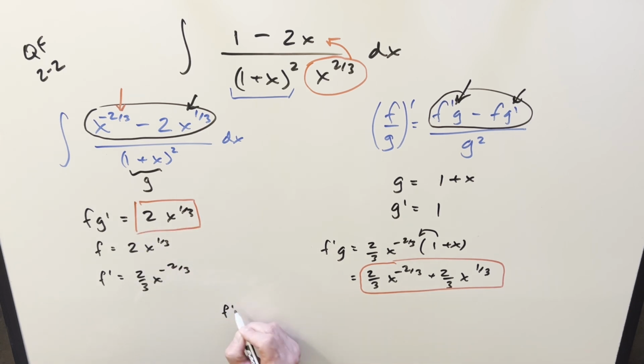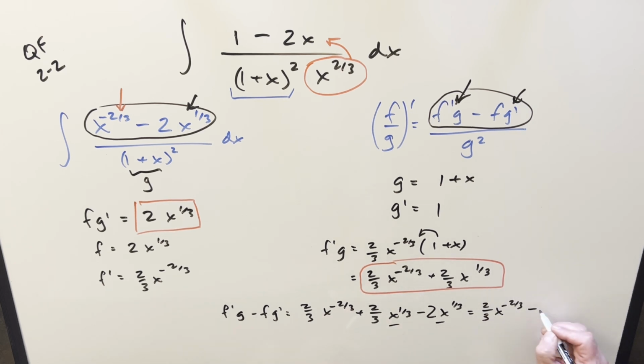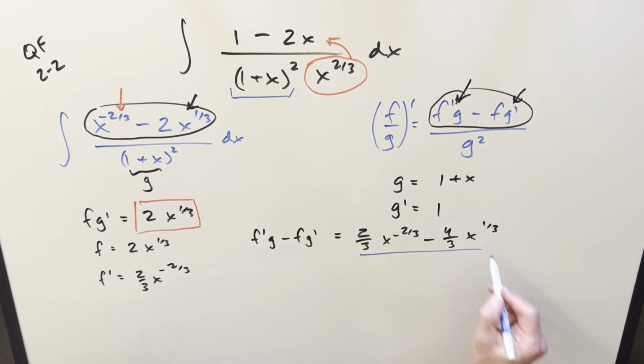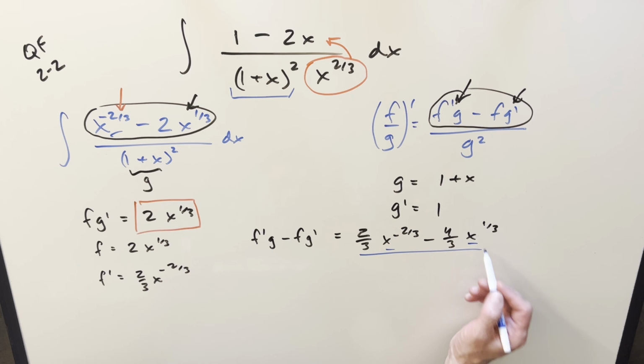For f prime g minus f g prime, we have 2/3 x to the minus 2/3 plus 2/3 x to the minus 1/3, then minus this piece, 2x to the 1/3. Combining this part and this part, what we're left with is minus 4/3 x to the 1/3. Comparing this to the numerator, it definitely doesn't match. But what you'll notice is we're actually just off by a constant. We have the right pieces, x to the minus 2/3 and x to the 1/3.